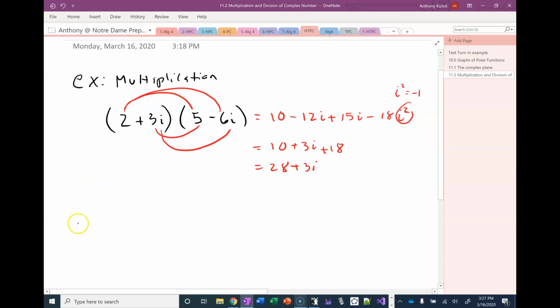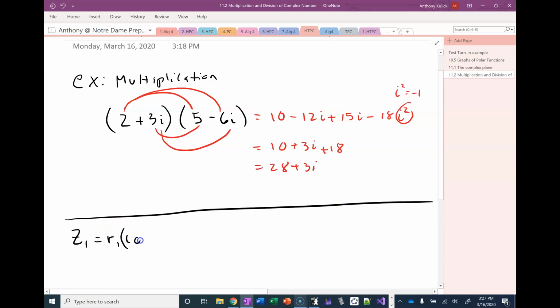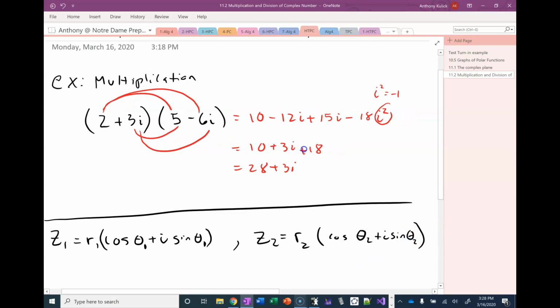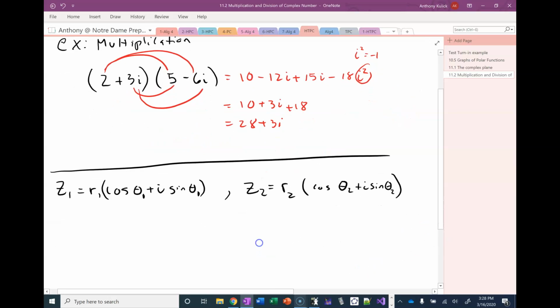So let's say that I have one complex number that's written in trigonometric form, and a second complex number, also written in trigonometric form. And let's multiply these two together.